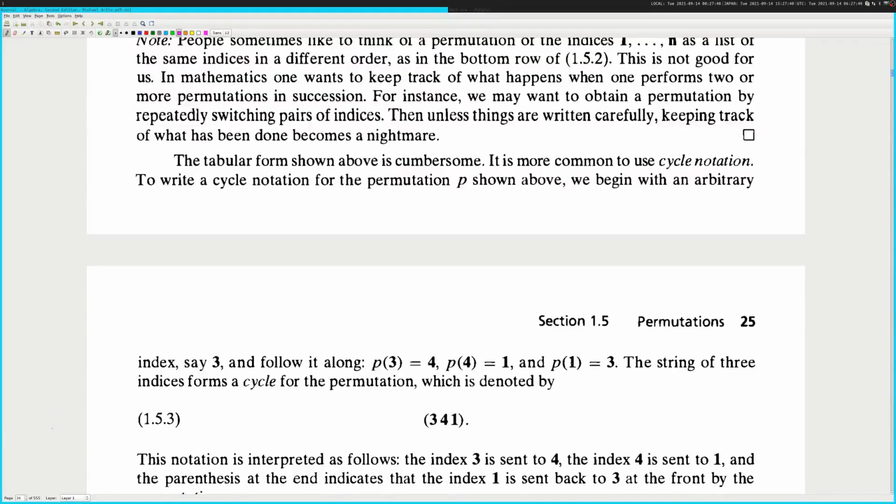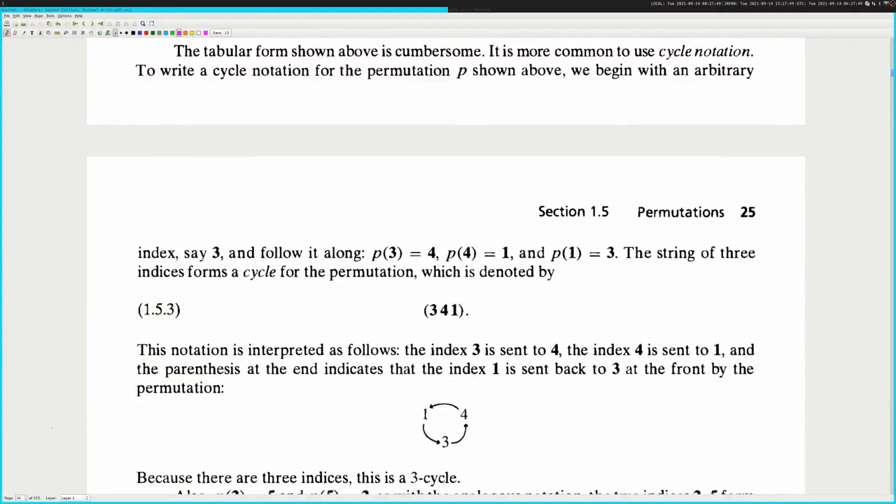So to write cycle notation, you just begin with an arbitrary index and follow it along. The string of 3 indices forms a cycle from the permutation, which is denoted by (3 4 1). And so you compose these right to left, but you read each one left to right. It's like reading numbers in Arabic.